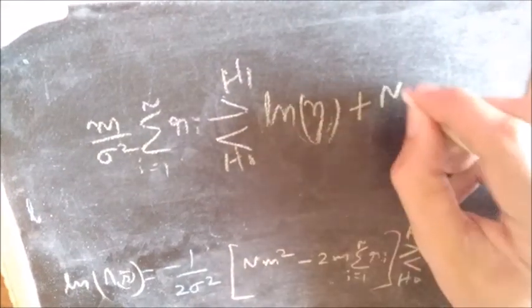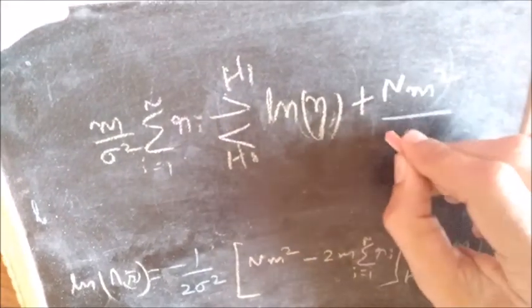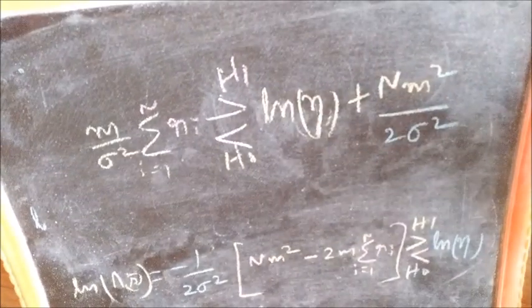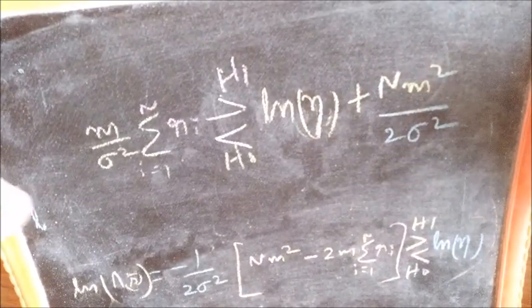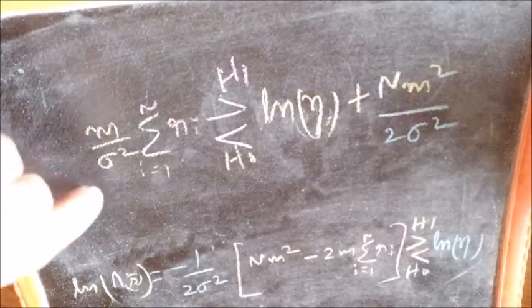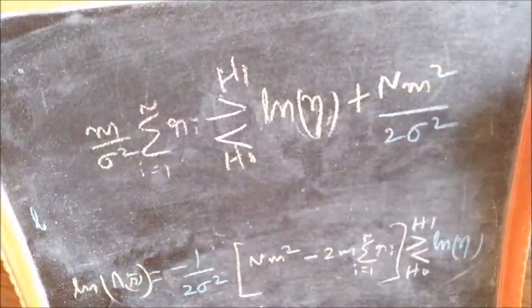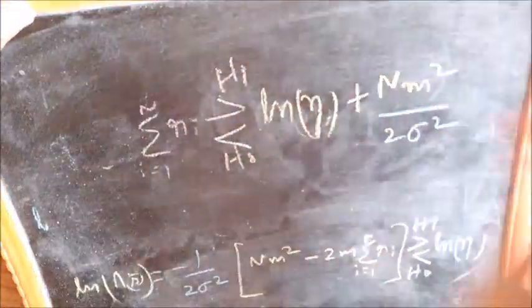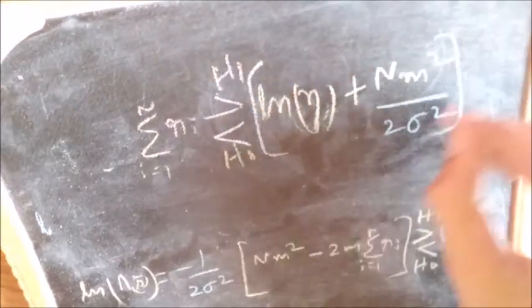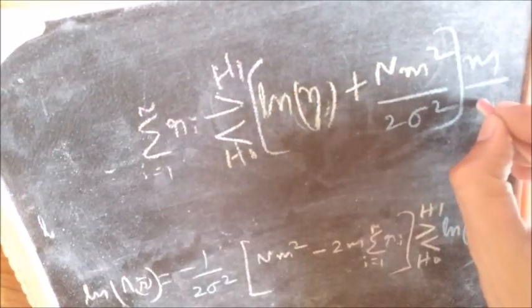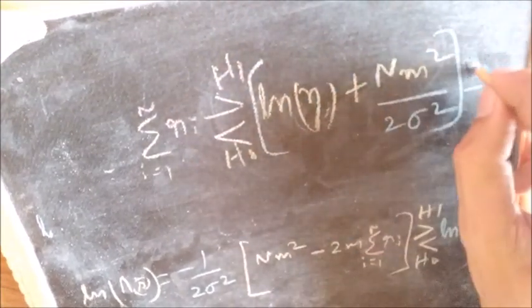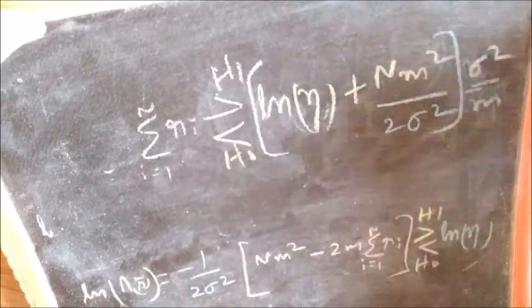Further, m by sigma square can be taken over to that side, and we will get sigma square by m.